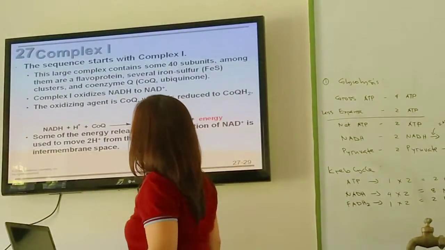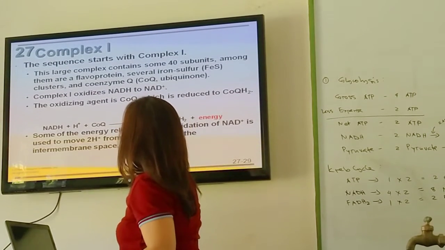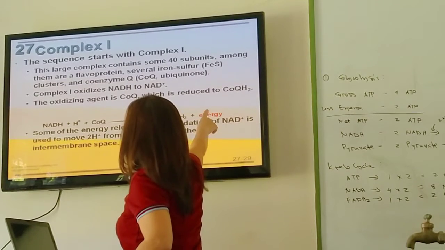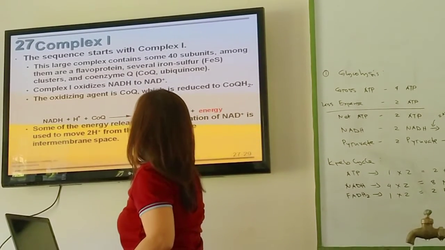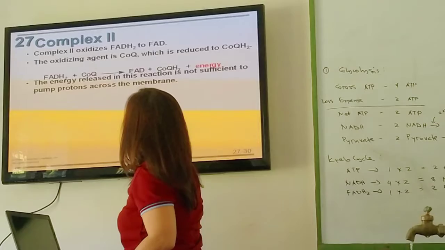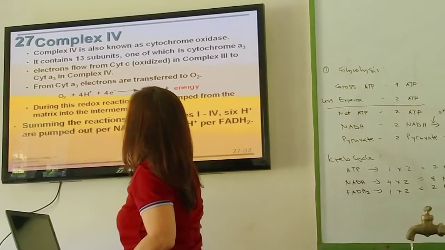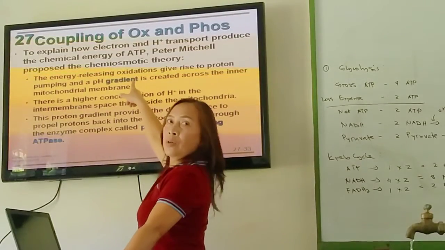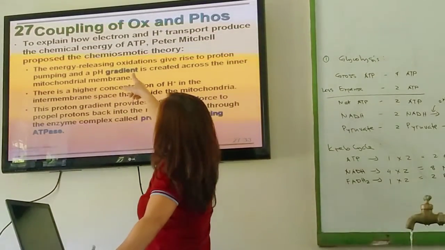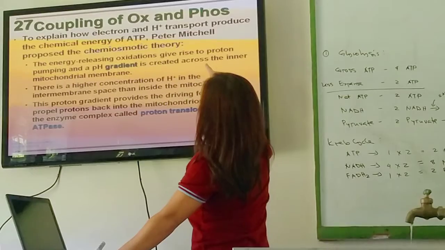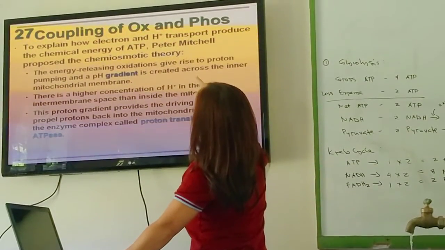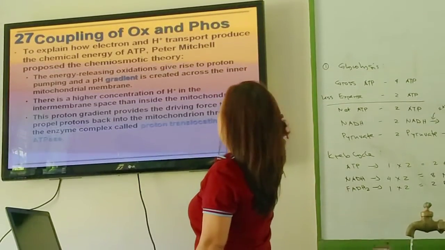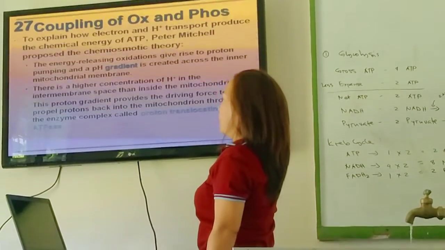So, you have here the energy that is produced. If you read that, then that's what I was explaining a while ago. The energy-releasing oxidations give rise to proton pumping, and a pH gradient is created across the inner mitochondrial membrane.